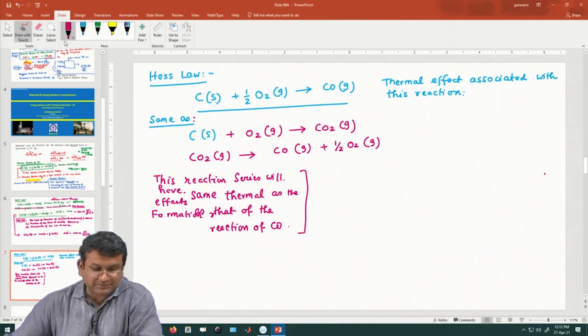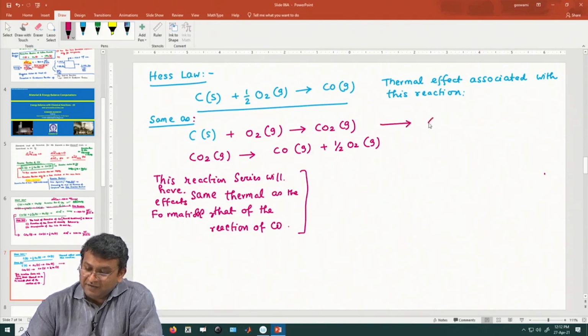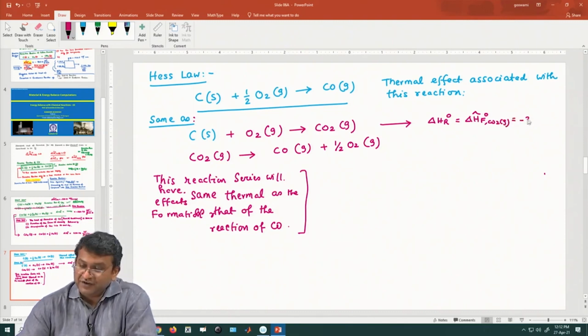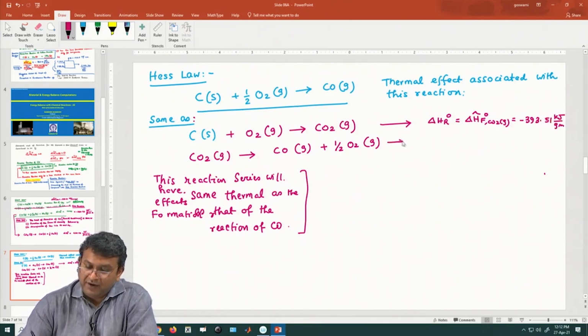Okay. Whatever. So, the other thing is that this reaction, which is the heat of formation of gaseous carbon dioxide, has an associated energy of minus 393.51 kilojoule per gram mole, and for this one, the heat of reaction for the backward reaction is 282.99 kilojoule per gram mole.